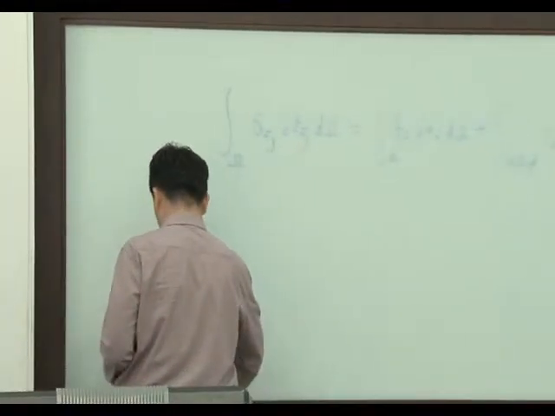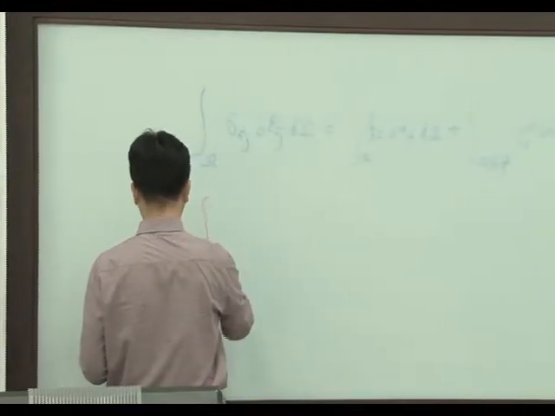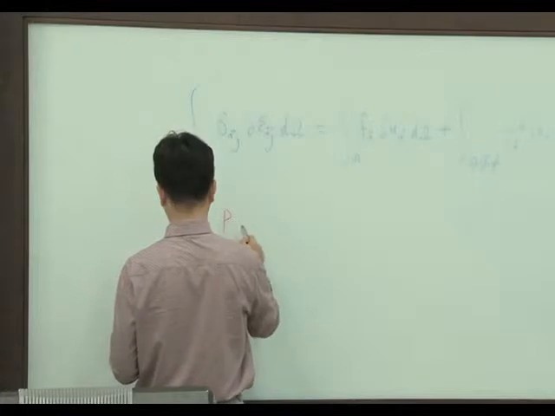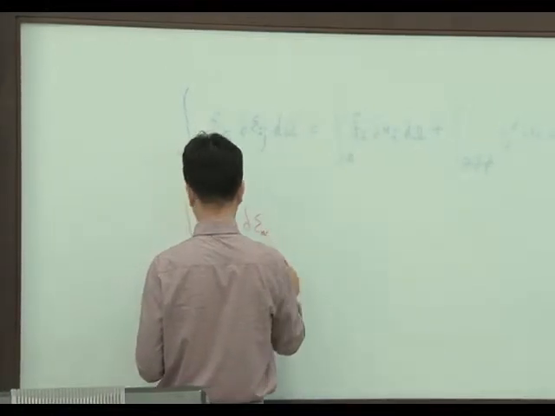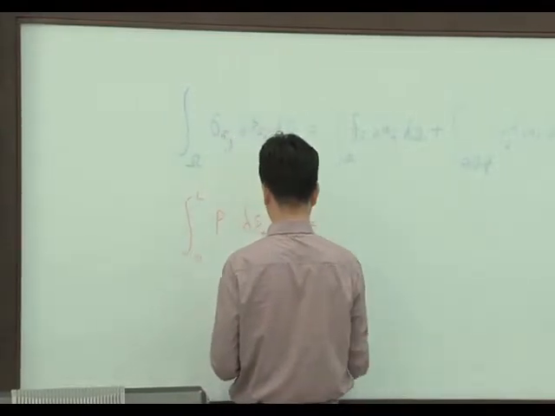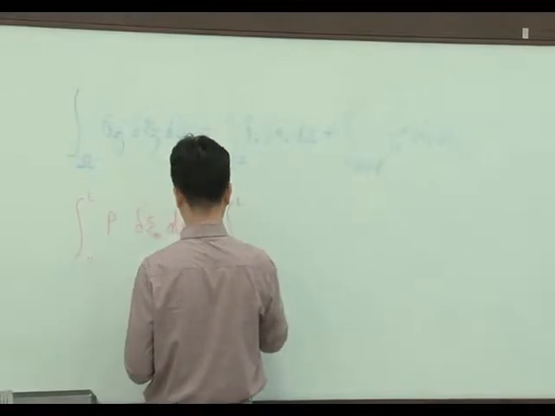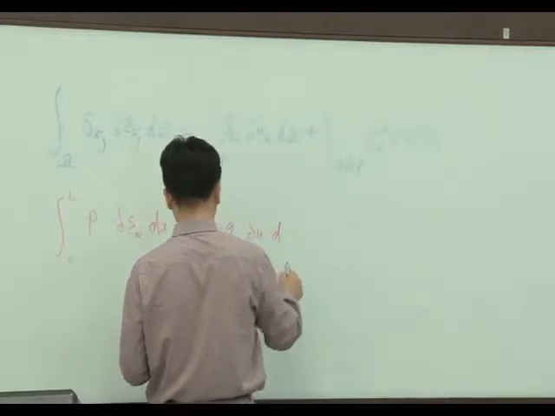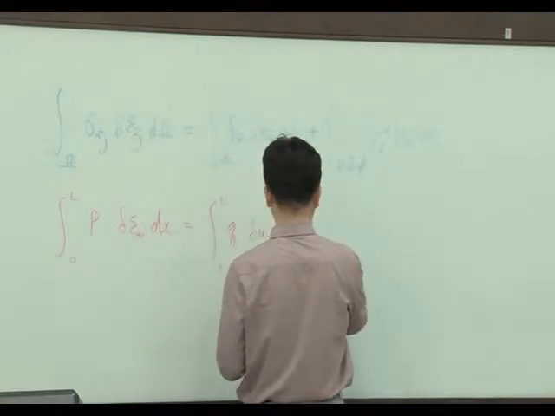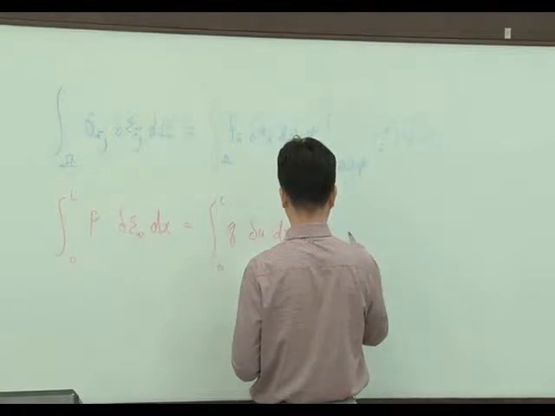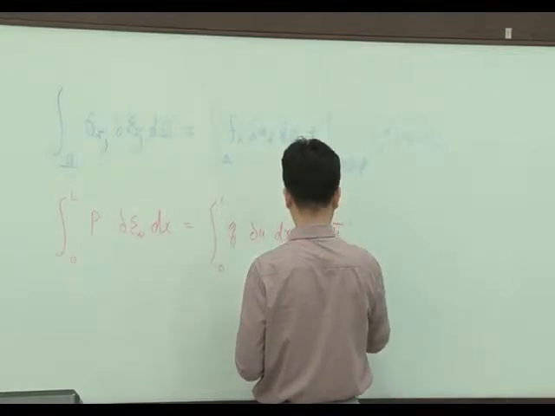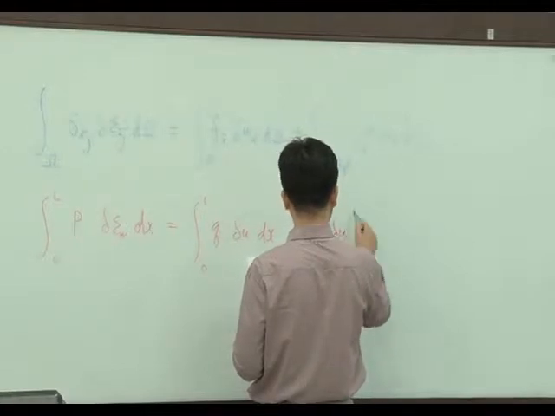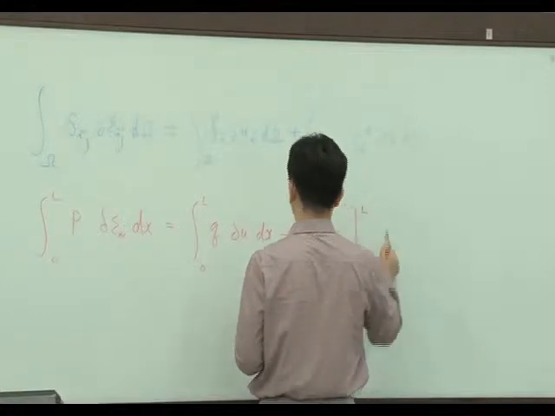For the bar case, this equation can be specialized to something like this: the integral from 0 to L of P times epsilon_xx dx equals the integral from 0 to L of Q U dx plus F U at the ends, 0 and L, right?